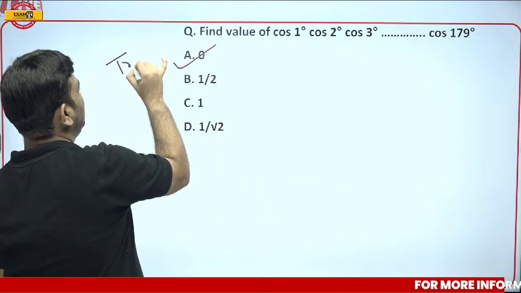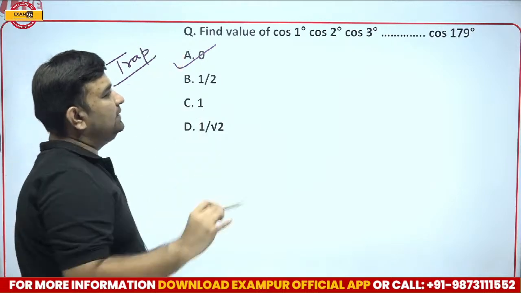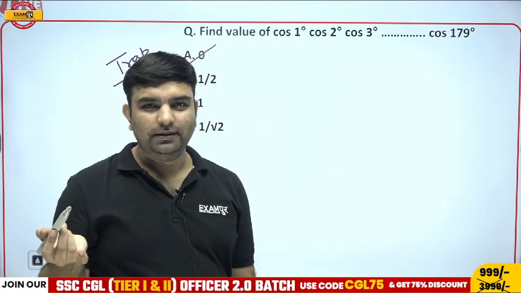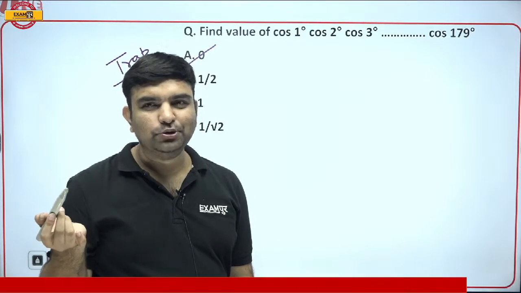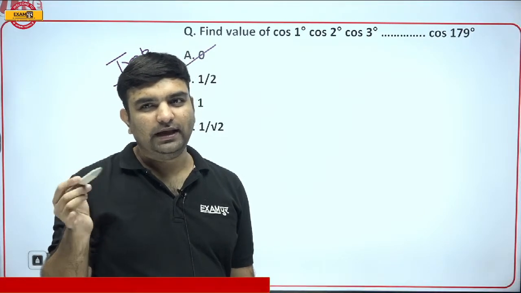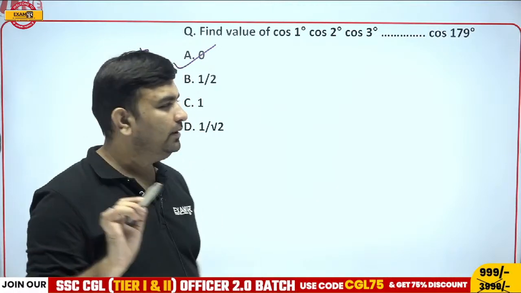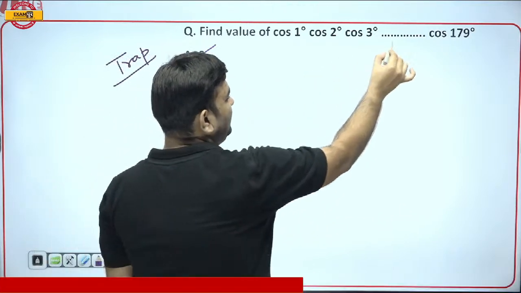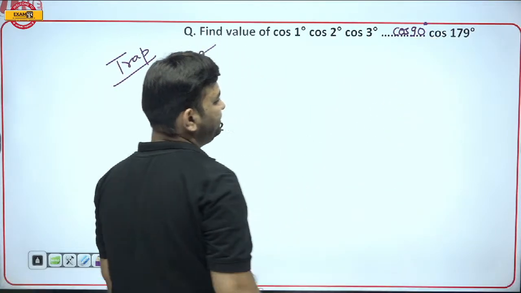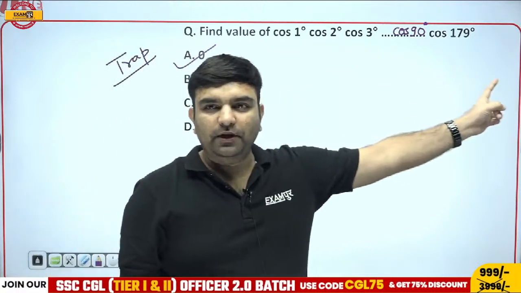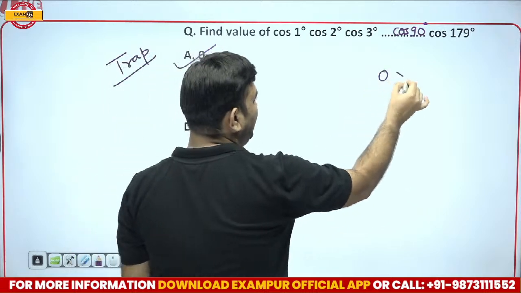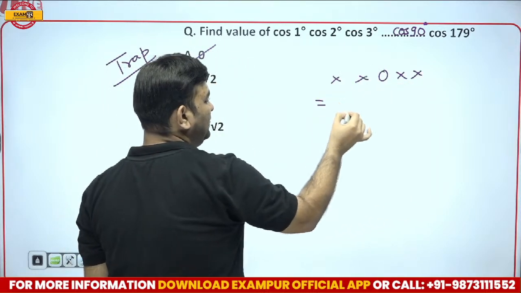It's a trap. Cos A into cos B is not 1. There is nothing like cos A into cos B is 1. That is only valid for tan A into tan B and cot A into cot B. So we cannot solve this, but provided somewhere in between cos 90 would be there, and cos 90 is 0, and 0 multiplied by any number is 0.